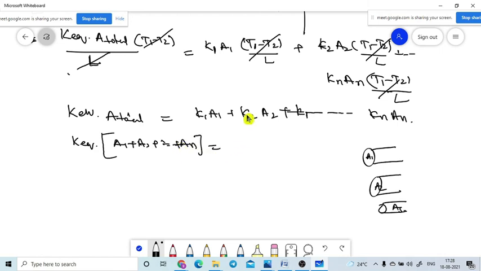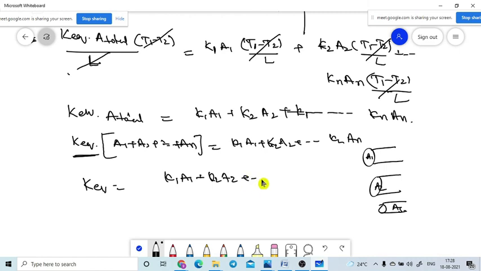The value is the same formula: K1 A1 plus K2 A2 and so on, Kn An. Now our aim is to find the K equivalent value. So K equivalent is equal to K1 A1 plus K2 A2 and so on, Kn An, divided by A1 plus A2 and so on, An.